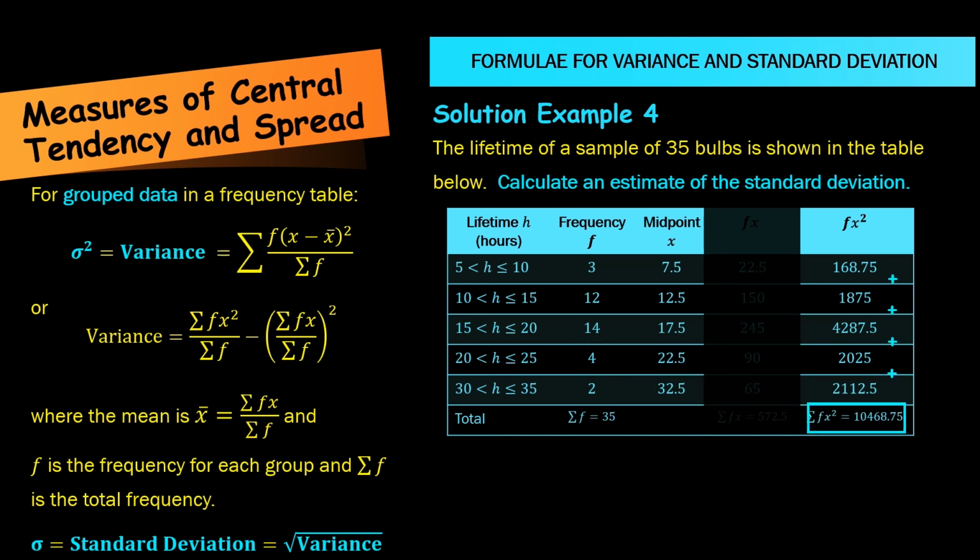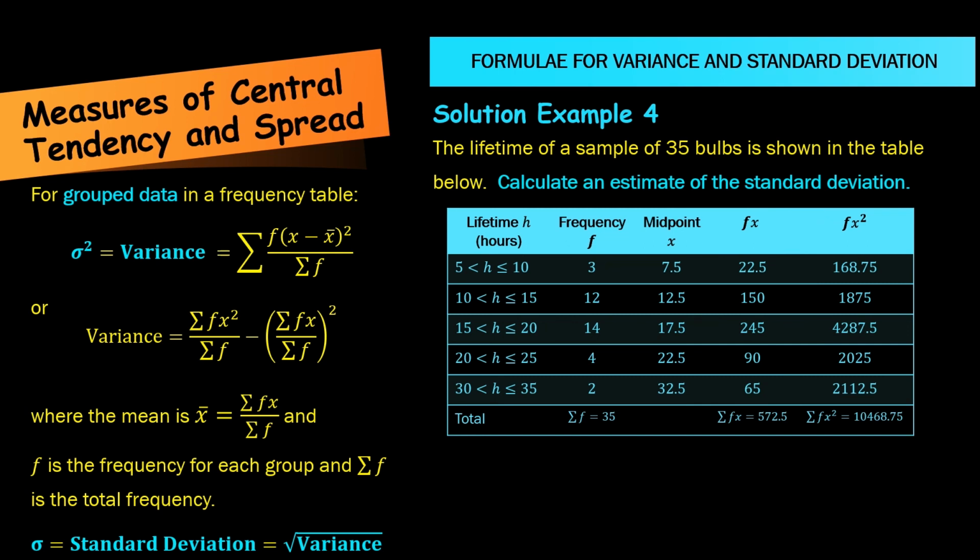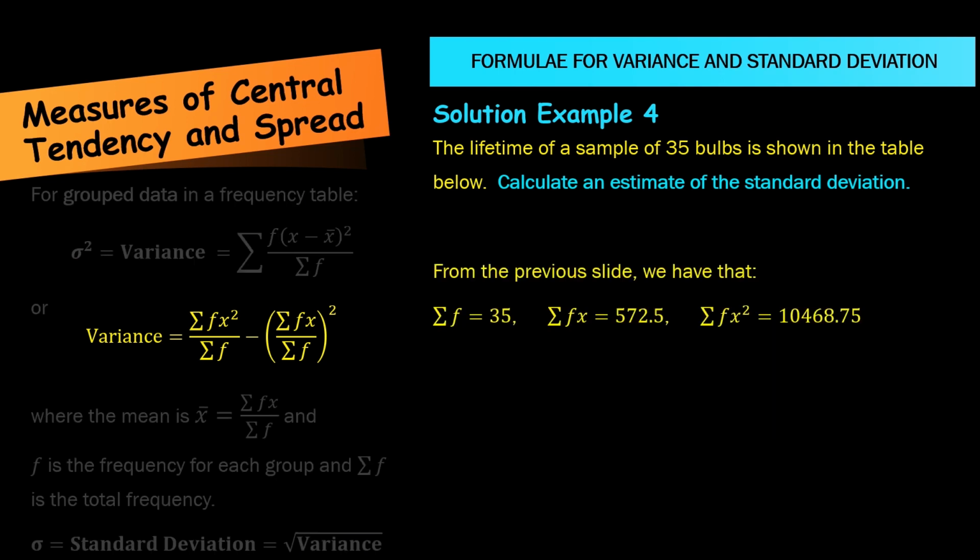And sum fx squared is all of these added together to give 10,468.75. So here's a summary of the results.